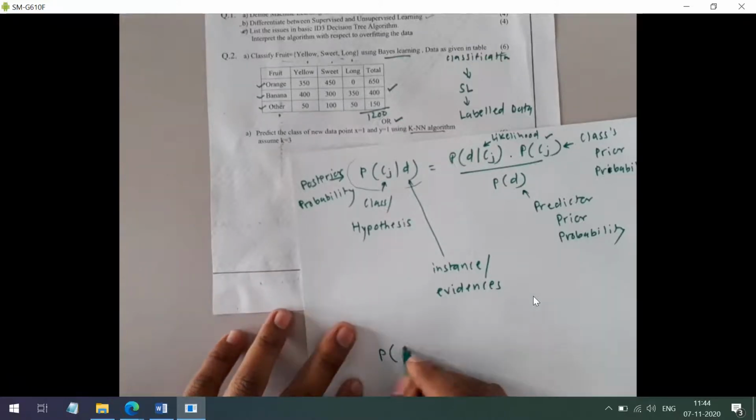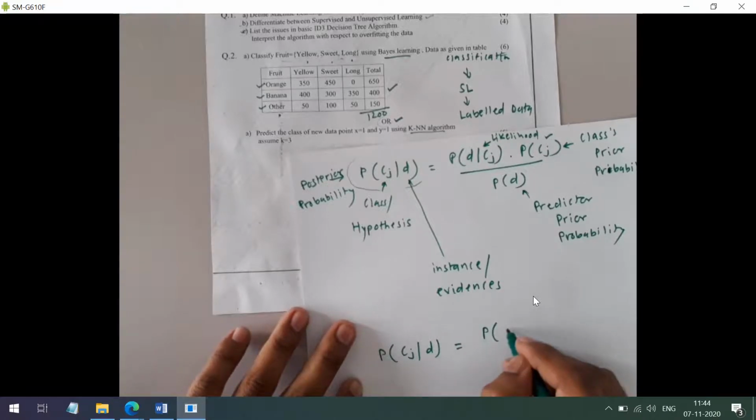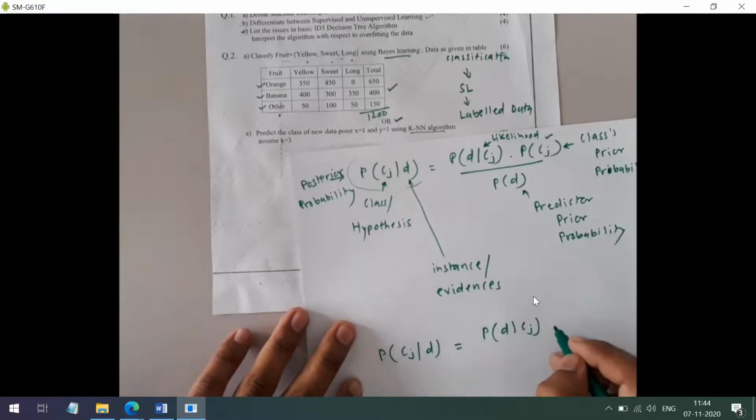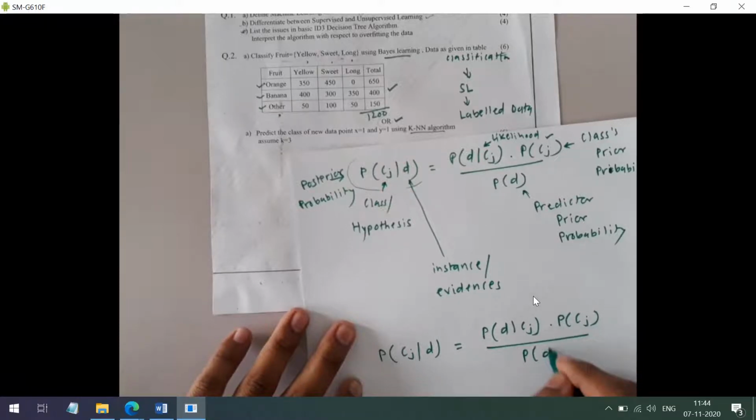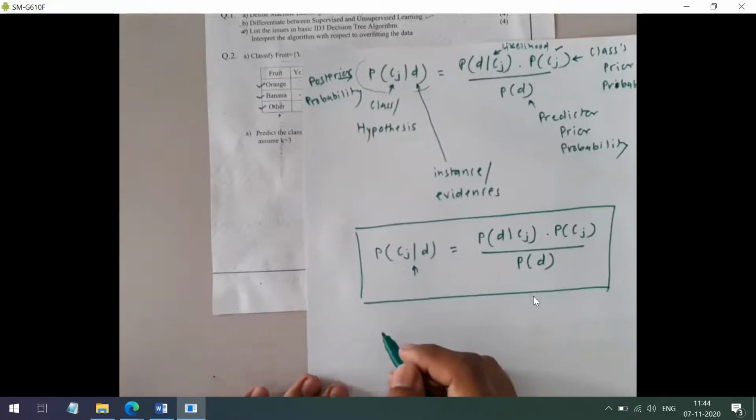I will rewrite that equation. It is P of Cj given D equals P of D given Cj into P of Cj divided by P of D. And you might be knowing this notation. This is the notation of conditional probability.